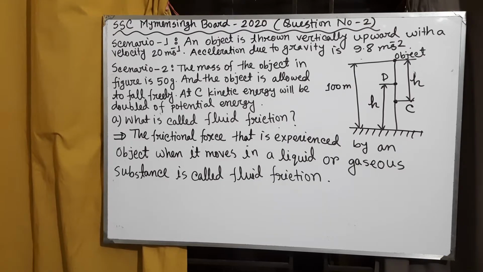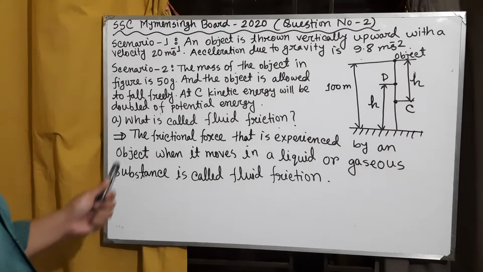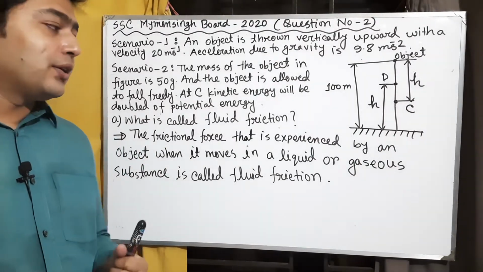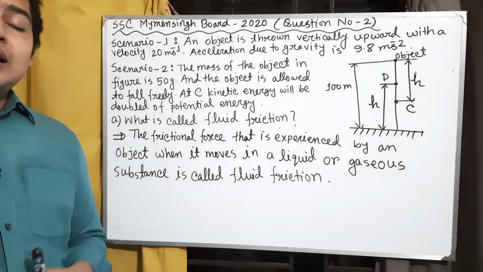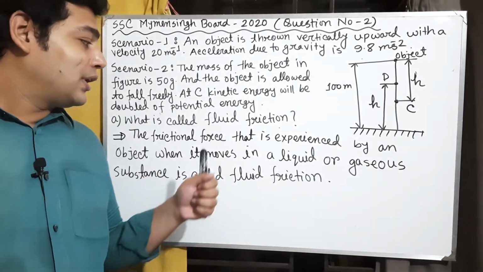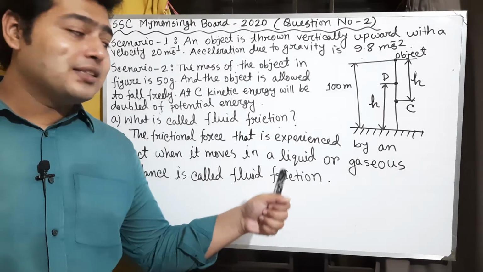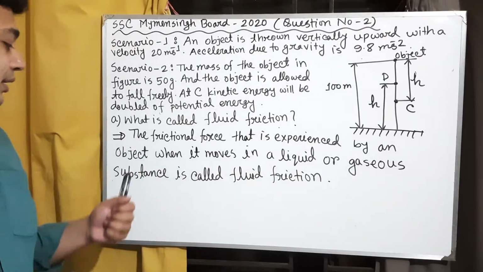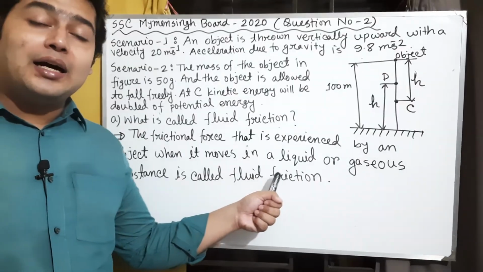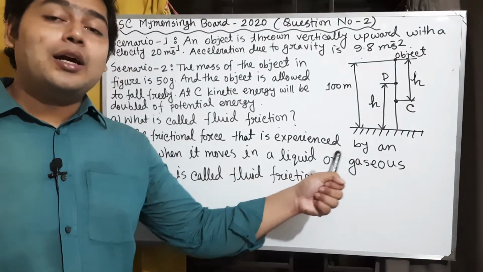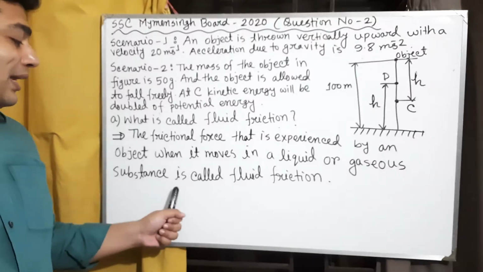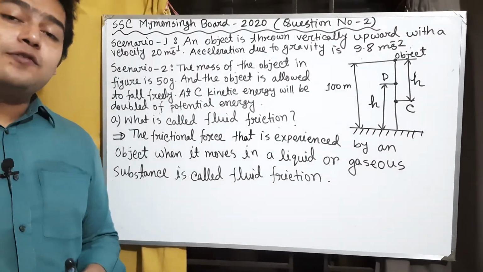Our question A is, what is called fluid friction? So the answer is: the frictional force that is experienced by an object when it moves in a liquid or gaseous substance is called fluid friction.